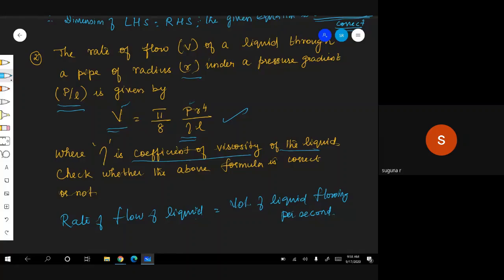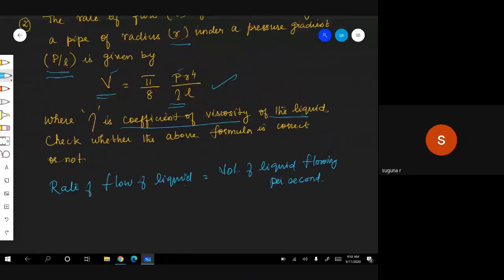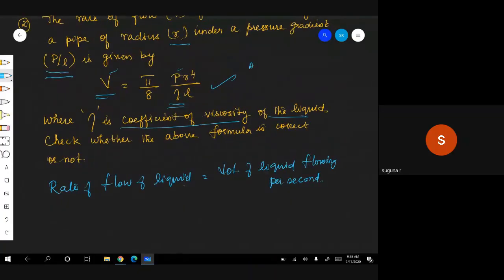The dimension for eta is given in the problem. If it is a new term, it will be given. You will be studying this in the next chapters.